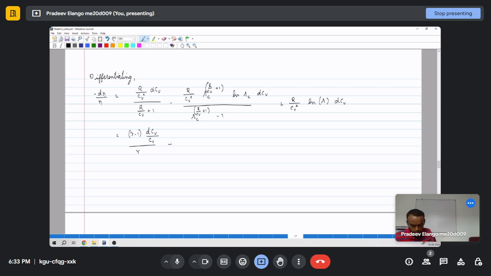And similarly here we will have gamma minus 1, rc, gamma.